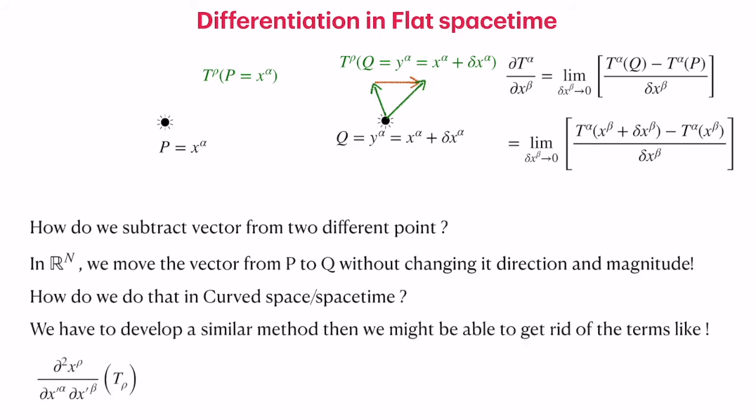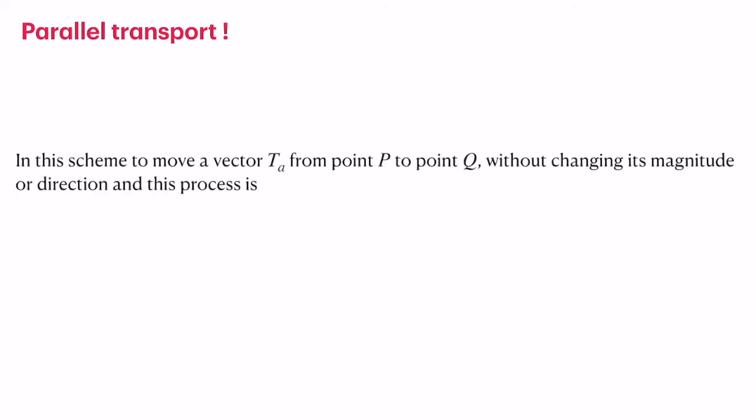We want to develop this method so that we might get rid of the unwanted term which we have in our partial differentiation of a tensor in a curved coordinate system. So let us look at parallel transport, how we can possibly do it in curved space-time. Let's say that we have two points, P of x^α and Q of y^α, or x^α plus δx^α.